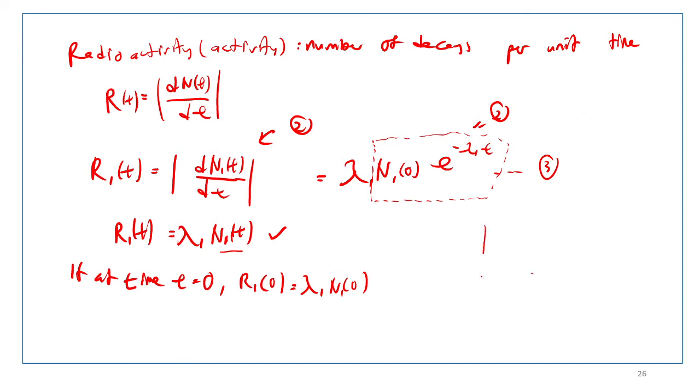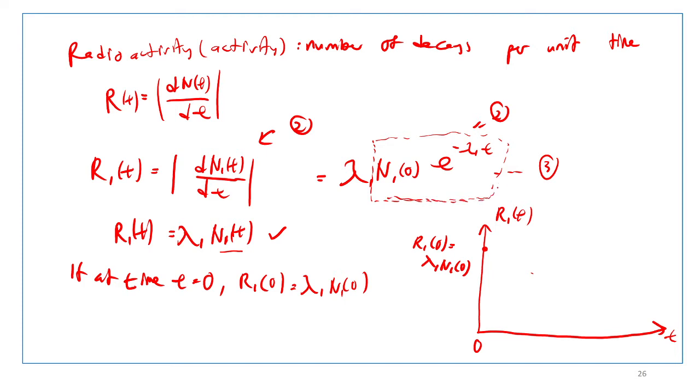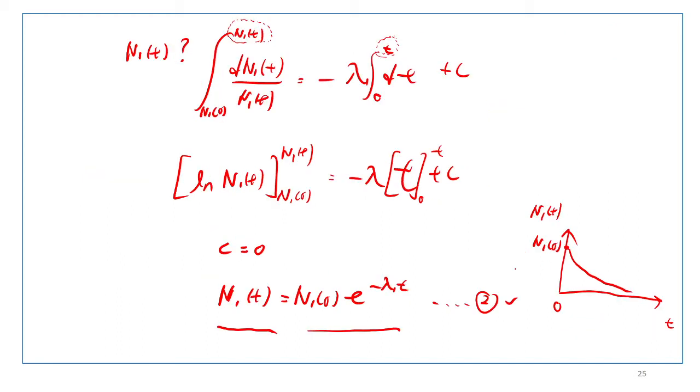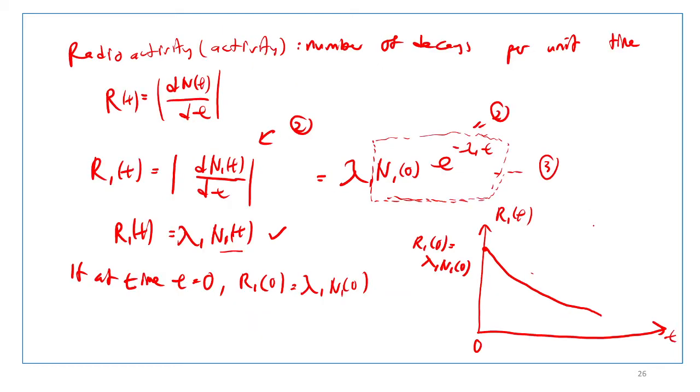This is t equal to 0. This is the activity. At time 0, the activity is exactly R10, which is lambda 1 N10. Because it is governed by the exponential term, you get the same pattern as for N1(t).